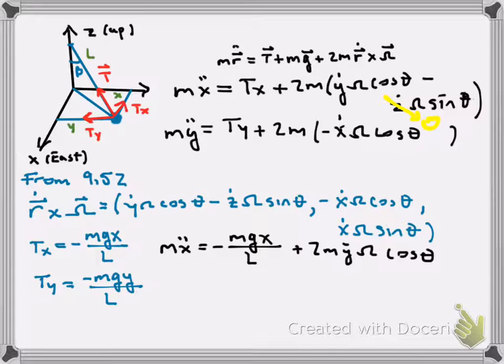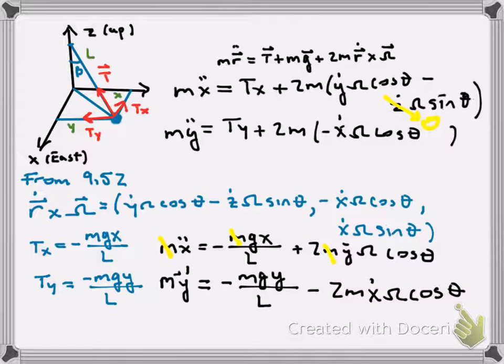Now let's cancel the m's. And rewriting the y equation, we again have my double dot equals minus mgy over L, plugging in for Ty, minus 2m x dot omega cosine theta. So we have that one. And now we're going to cancel out the m's in this expression.